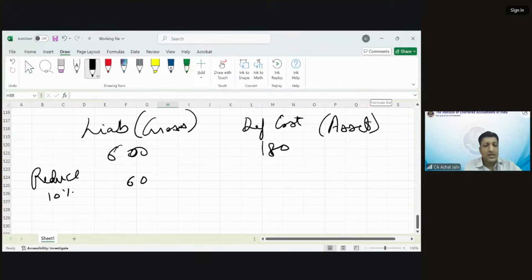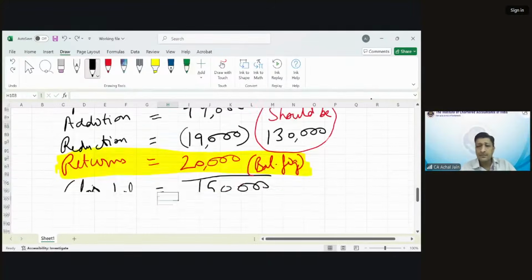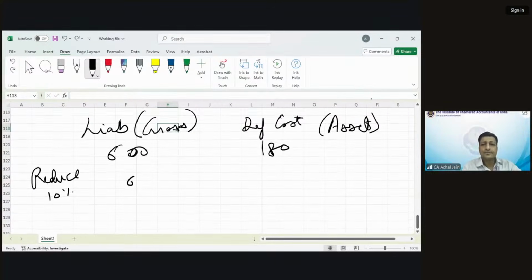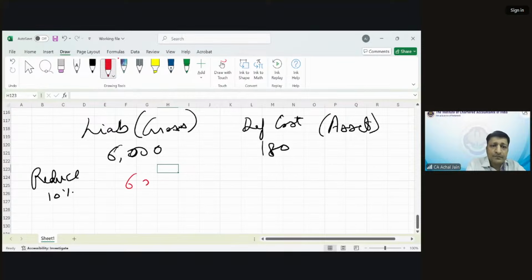Sorry, this is 10%. Let me just change this number. So this is 6,000. So 10% is reduced from this. 600 goes out and 10% is reduced from this. Right?